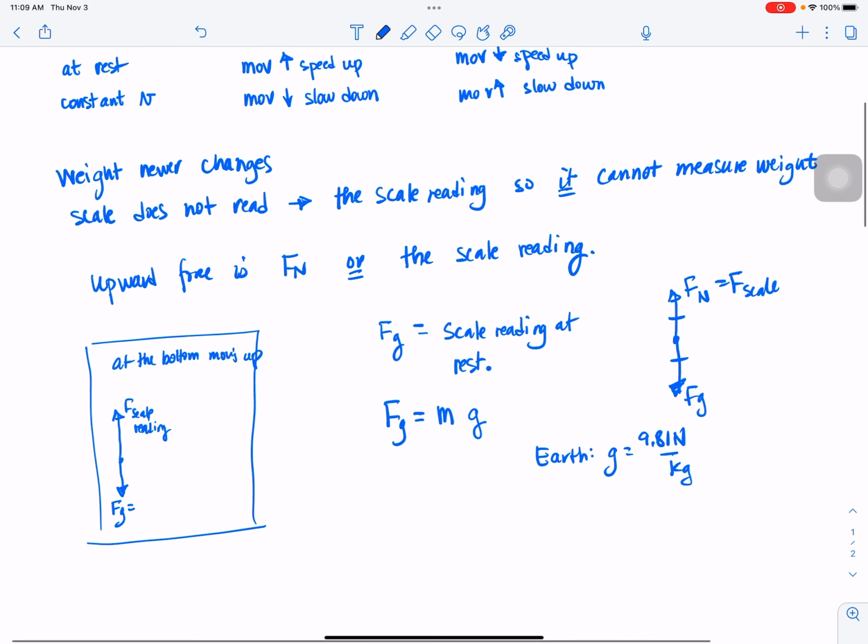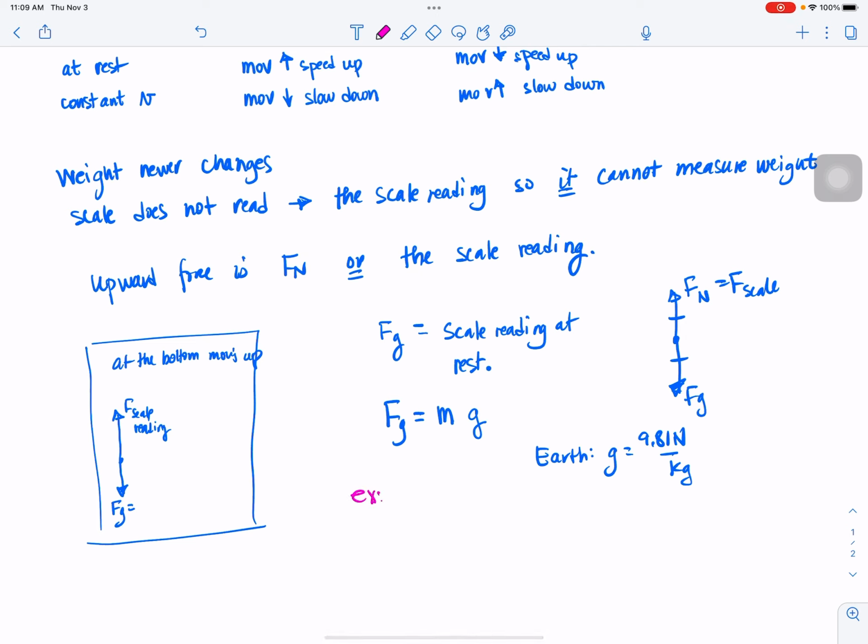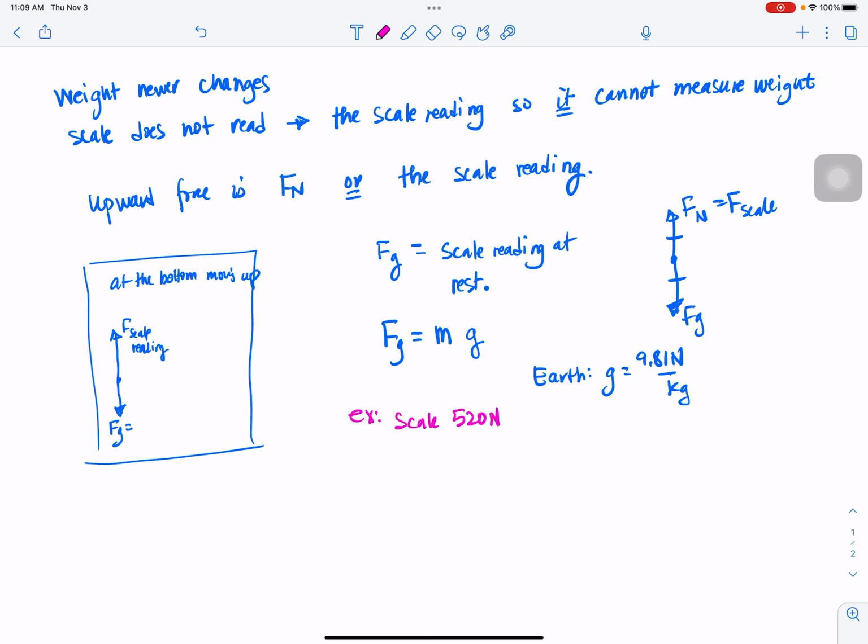So let's do an example. Suppose the scale read 520 newtons. That means that my force due to gravity is 520 newtons. That's equal to my mass times 9.81 newtons per kilogram. Divide both sides by 9.81.